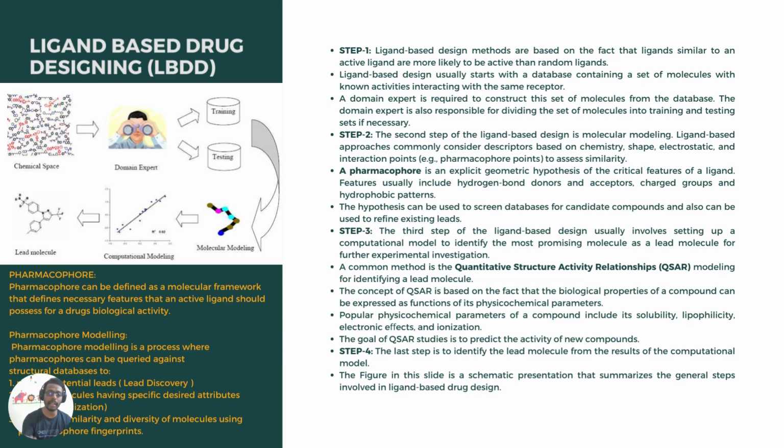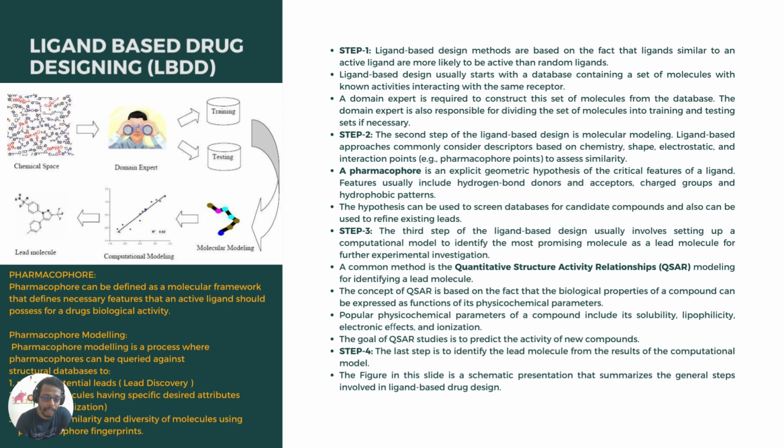Based on the molecular modeling, structures from the database with similar shape, similar chemistry and similar electrostatics are identified and assessed. Mostly the second step is based on the pharmacophore of the ligand molecules.